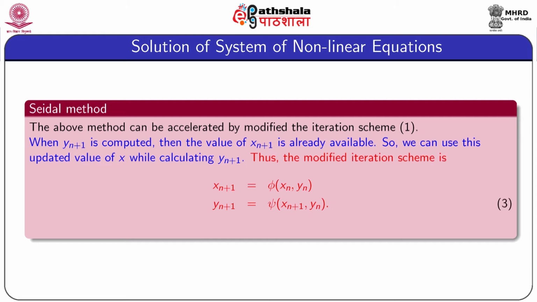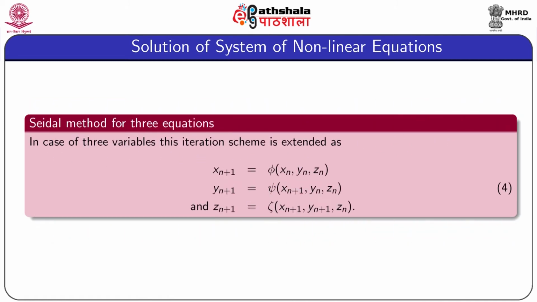Thus, the modified iteration scheme is x(n+1) equal to phi(xn, yn) and y(n+1) equal to psi(x(n+1), yn). Note that in equation 3, the first argument of psi is replaced by x(n+1) instead of xn, which is used in the fixed point iteration method. This is the modification in Seidel iteration, and this iteration is called the Seidel iteration.